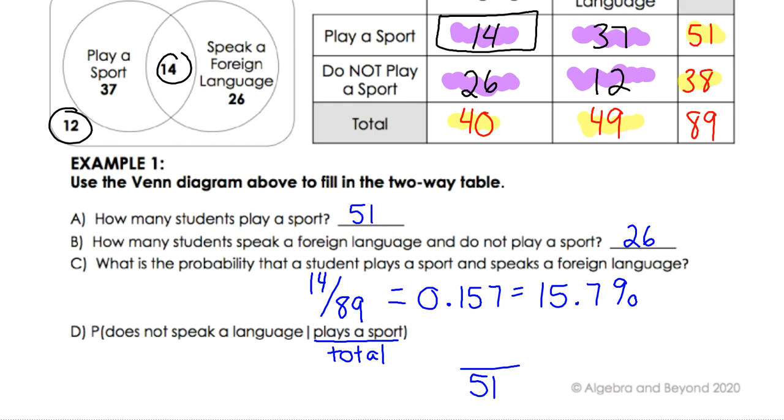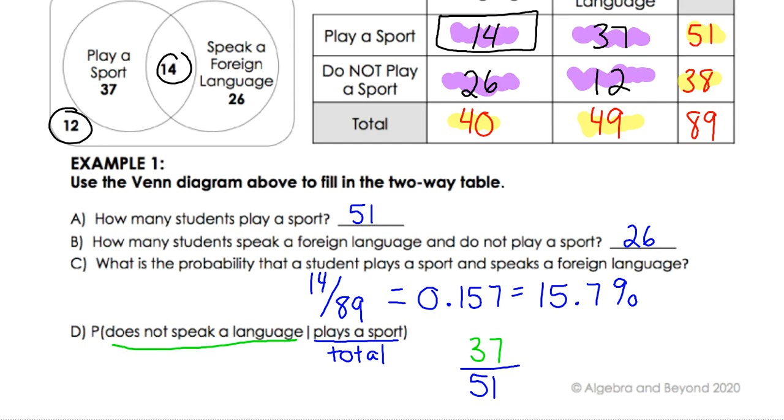And then we want to know out of those 51, so looking at only the plays a sport row across the top there, how many do not speak a language? And so in that sports row, the number that do not speak a foreign language is 37.